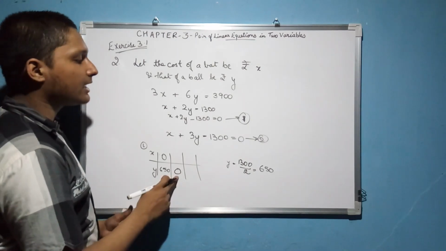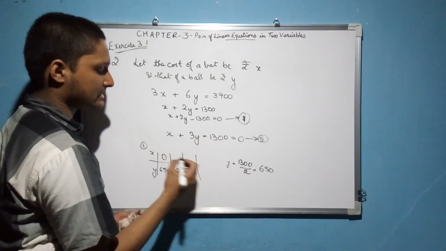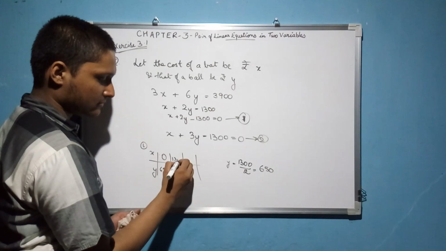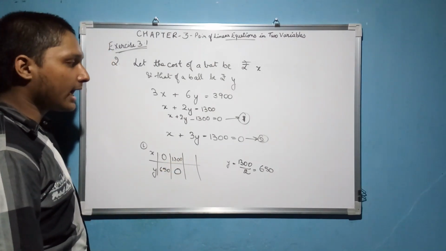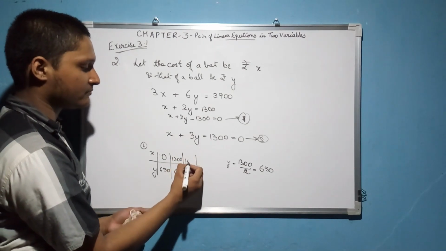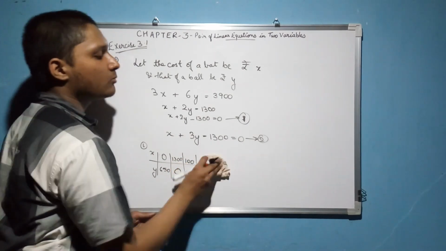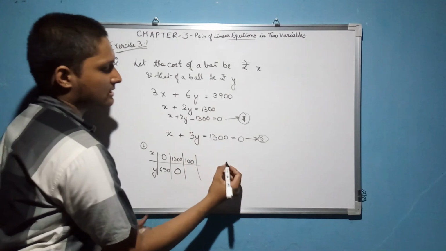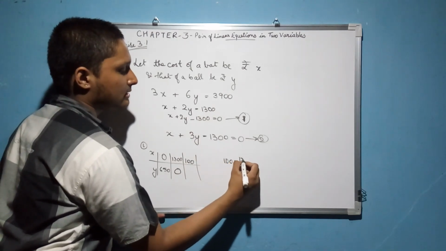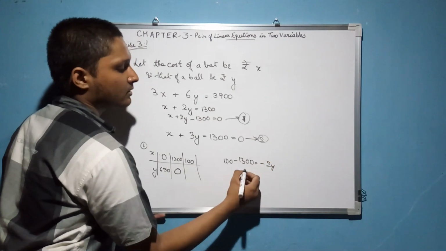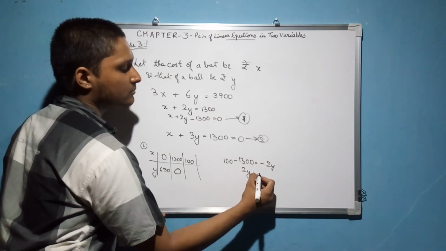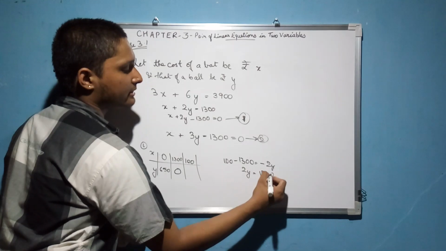In the second case, I substitute y as 0, so x directly becomes 1300. Now I'll put x as 100. What does this become? This becomes 100 minus 1300 is equal to minus 2y, or 2y is equal to 1200.